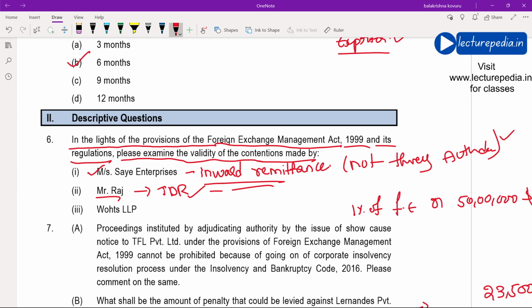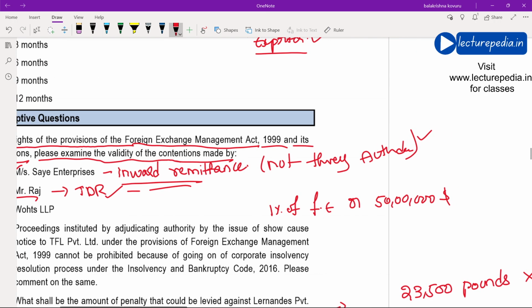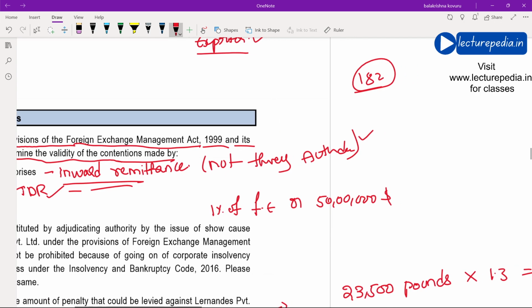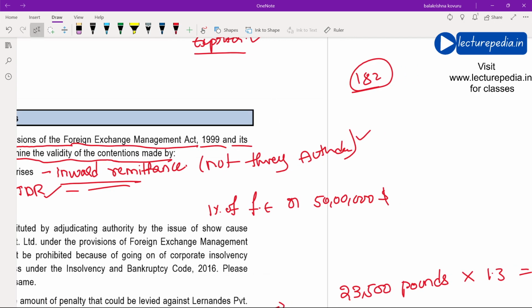But you observe, this Mr. Raj went out of India some 5 years ago, and only in the last year he comes to India. In the last year, that means in the previous year, he stays in India for more than 182 days. But his purpose of visiting India is a tour.